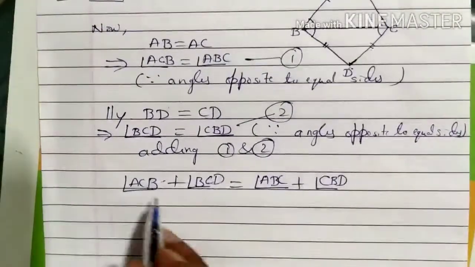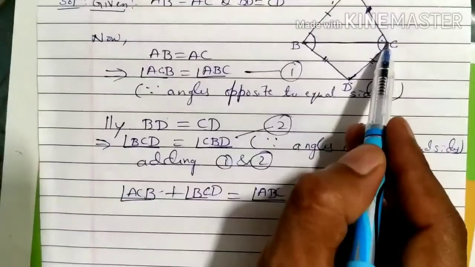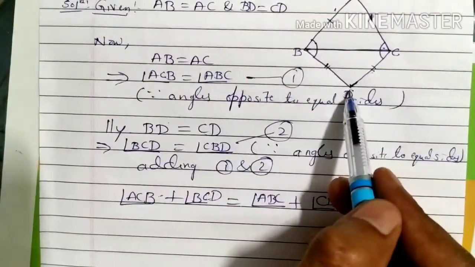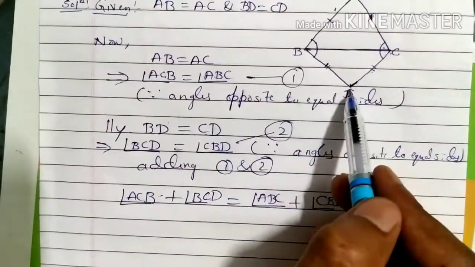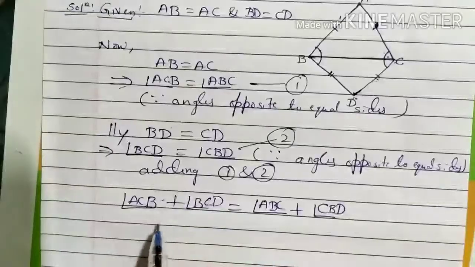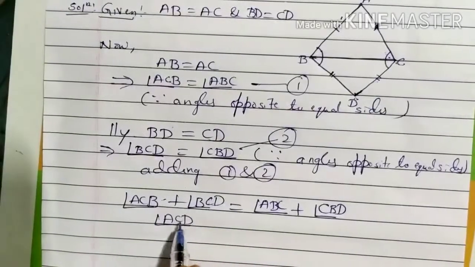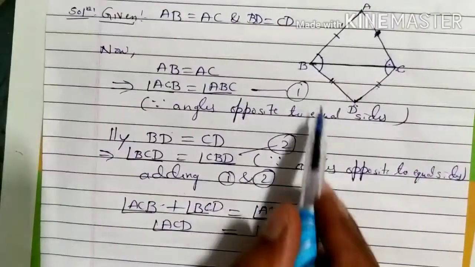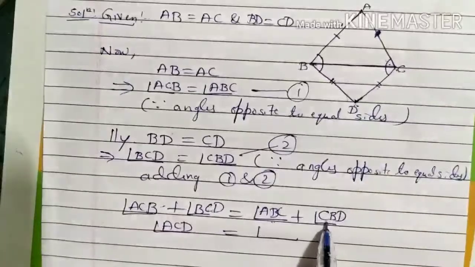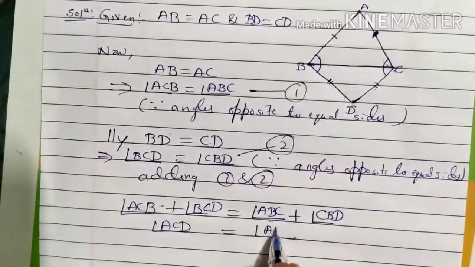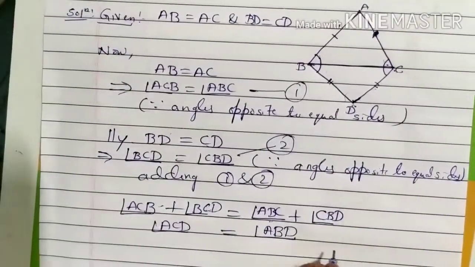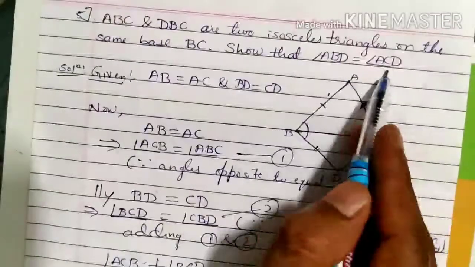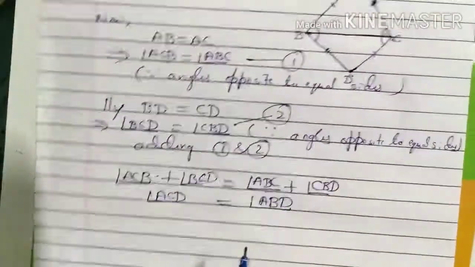The sum of angle ACB and angle BCD is nothing but angle ACD. That is equal to angle ABC plus angle CBD, and the sum of these two angles is equal to ABD. So ACD is equal to ABD. That is what we have to prove.